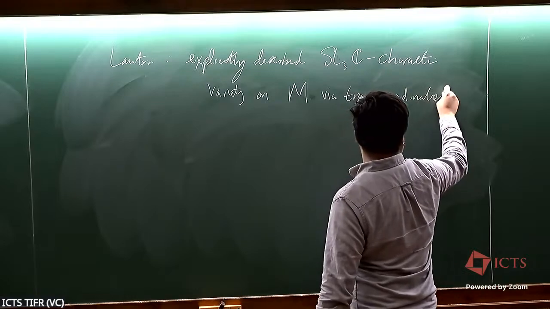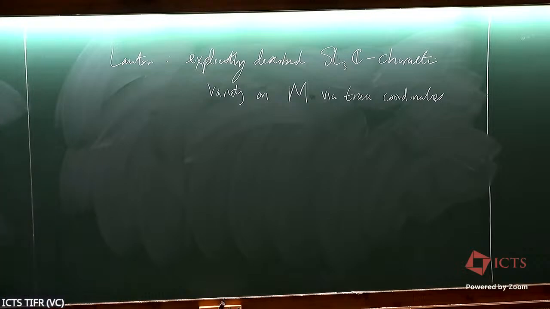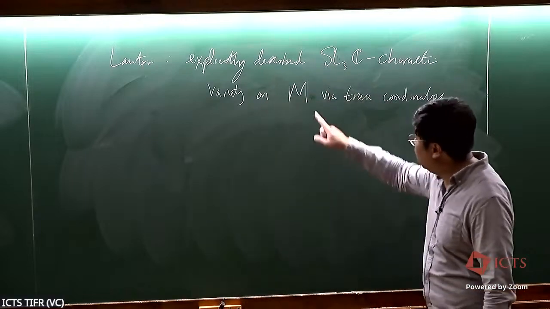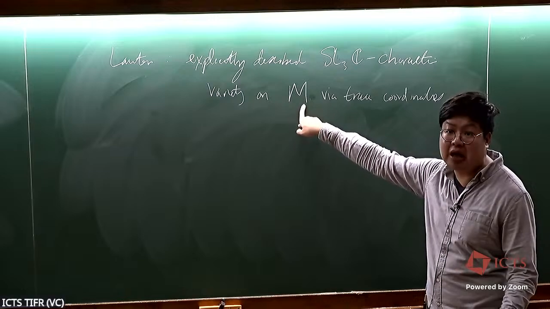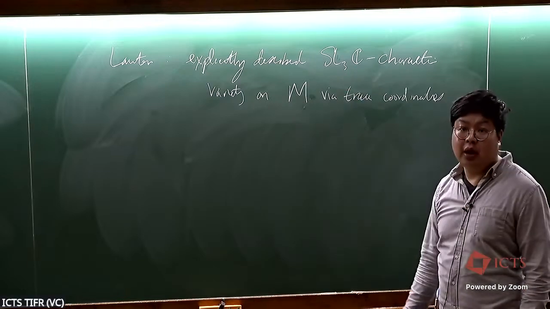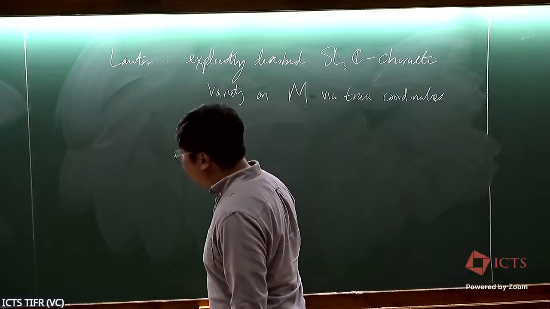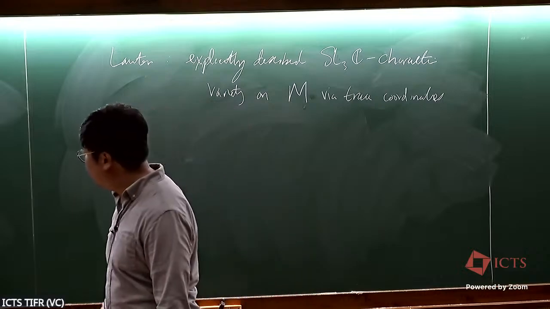I mean, this is mimicking kind of the situation in SL2R where if you take enough traces, trace squared, then you nail down the actual representation. Whereas in a higher rank, it's not so easy, but his thesis shows that if you're on the triply punctured sphere, then enough trace coordinates, or about 9 of them, will nail down the representation.